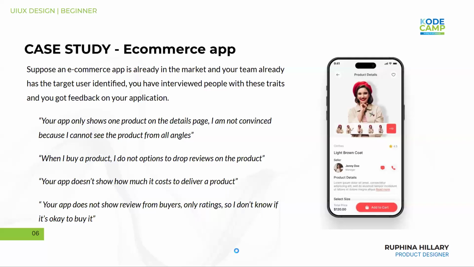So I feel the first thing to do is ensure that your products are specifically spelled out, with different angles, proper lighting and proper variations. Then the next thing is to give room for buyers or previous users to drop their reviews and not just ratings. Because it is the review from someone who has already used your product or already gotten it that would enable me to want to try it out.